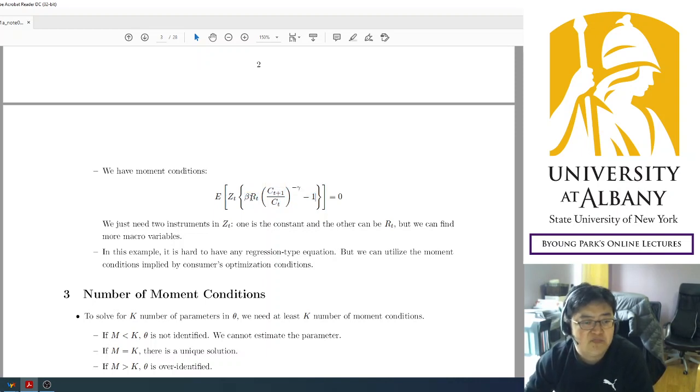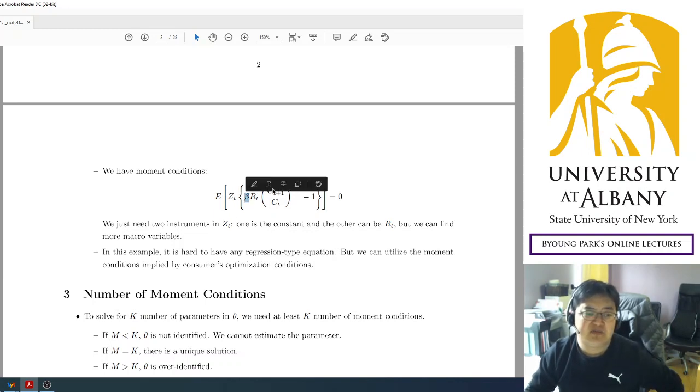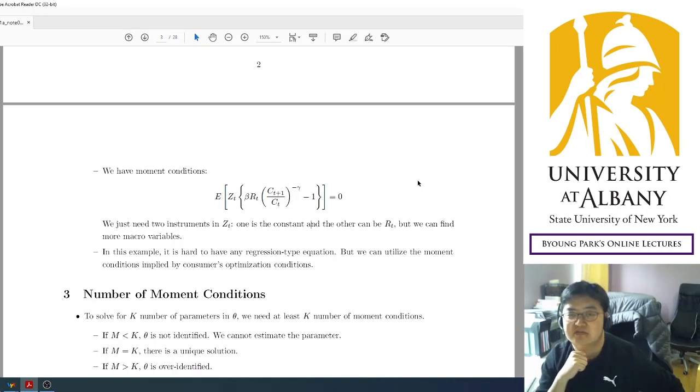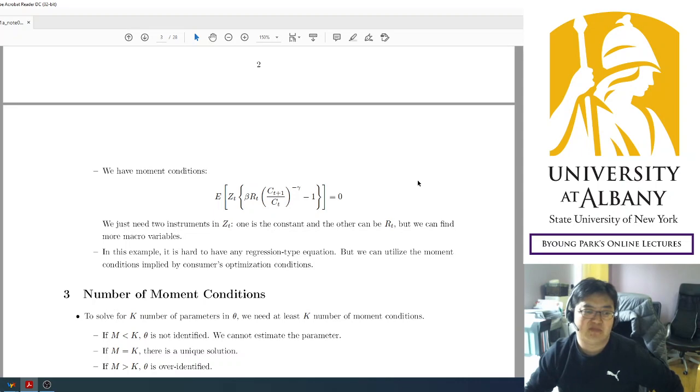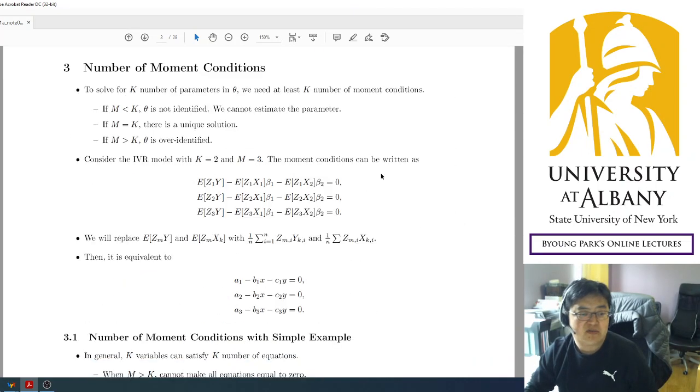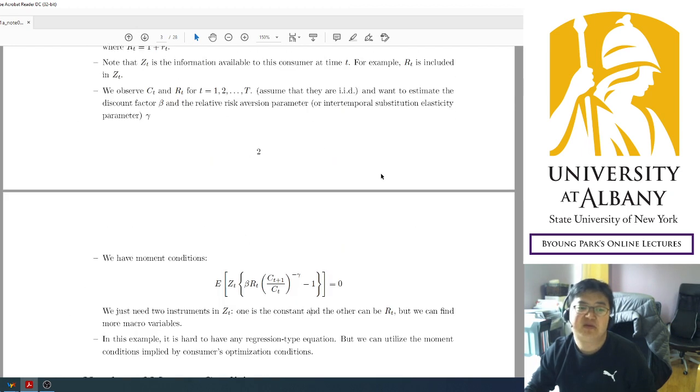And then how can we estimate beta and gamma? We can use the generalized method of moments approach here. So it will be a very interesting method. Okay, so we'll talk about different issues in this method in the next video.